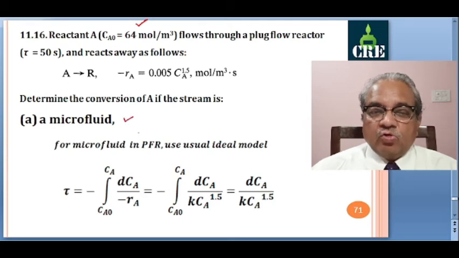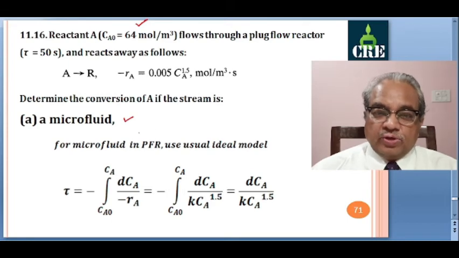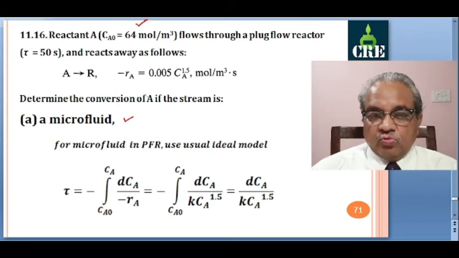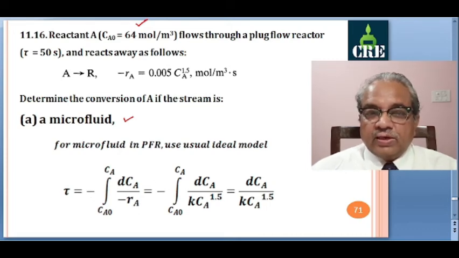So if it is a microfluid, the usual ideal PFR is applicable here, because the molecules will move freely. We have seen the concept of microfluid. So tau, from our model, equals the integral from Ca0 to Ca of minus dCa by minus Ra. So minus Ra is k Ca raised to 1.5.